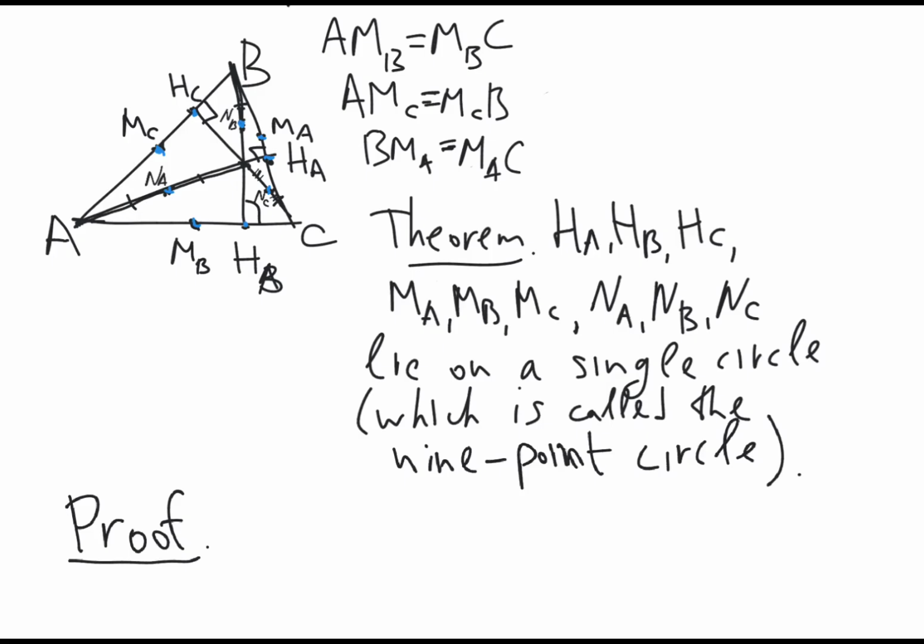So first, in this video I will prove only that these 9 points lie on a single circle. By the way, notice that it's called the 9-point circle and there are exactly 9 points listed here. So the circle goes like this.